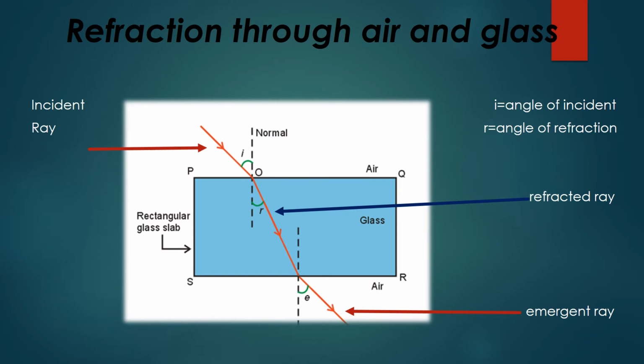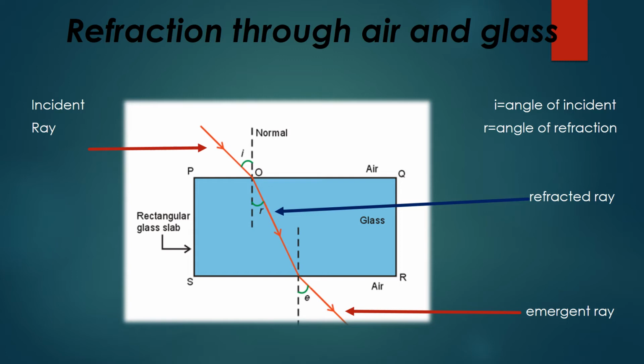Okay, let's learn more about the refraction of light through air and glass. Look at the picture very carefully. In this picture, you can see the ray diagram of refraction of light. The incident ray. What is incident ray?